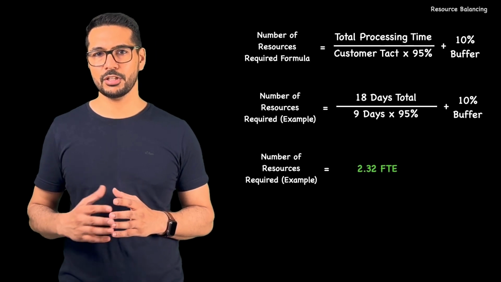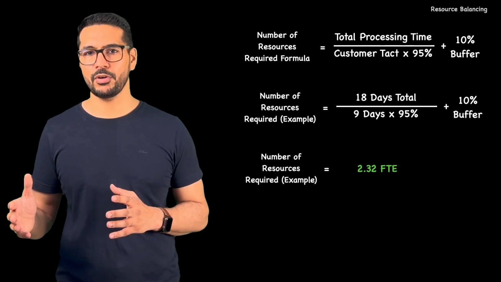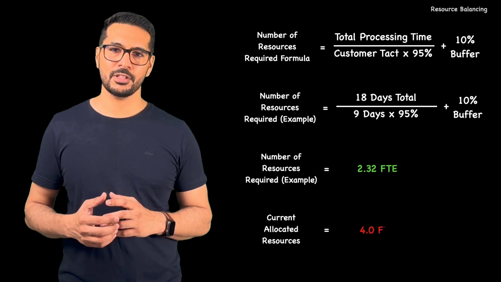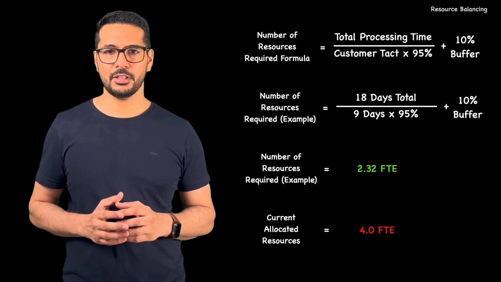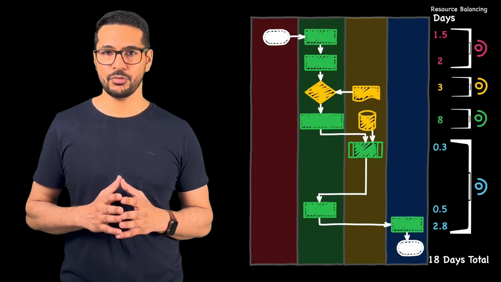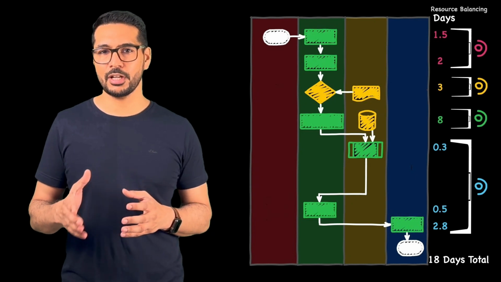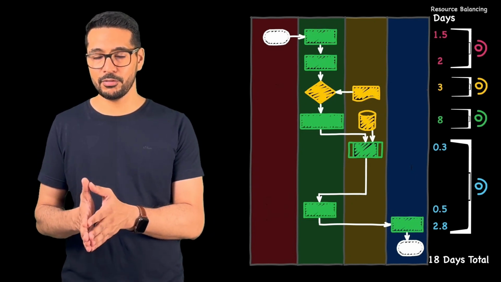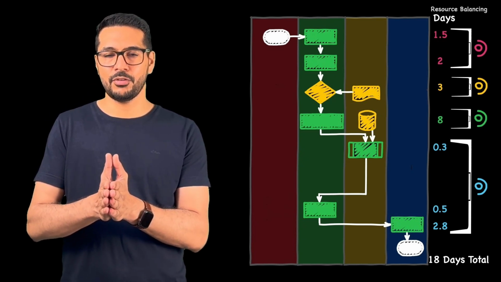This gives us 2.32 FTE, full-time equivalent or staff members. And when we compare this with the currently employed number of employees in the system, that is 4, we can see that the tasks require, even after 10% of buffer, 2.3 or 2.5 or maximum 3 employees, but we have 4.